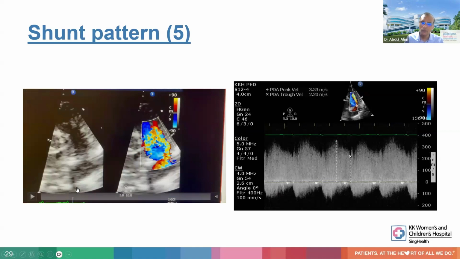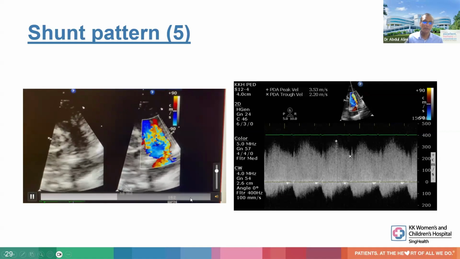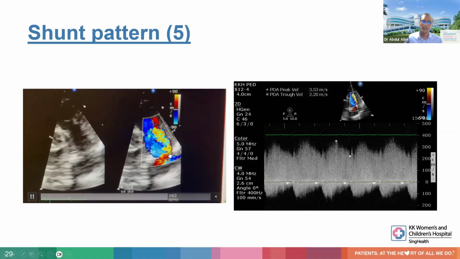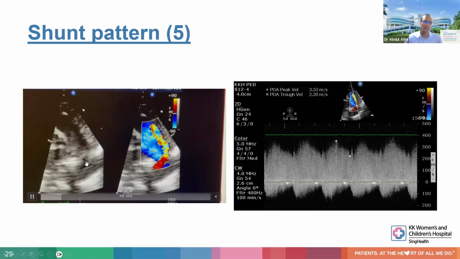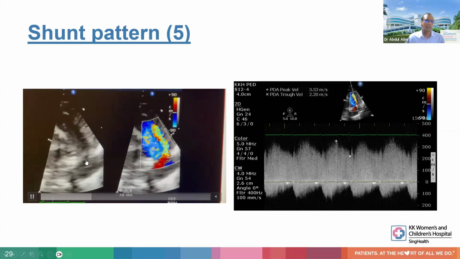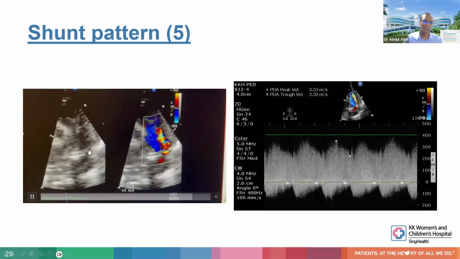In this shunt, you can see that the peak to trough ratio is much less. The peak is 3.5. This is a small PDA, slightly restrictive at the pulmonary end. You can see the imaging is not very good because this baby is on CPAP and the lungs are quite inflated, so you cannot see the edges very clearly.